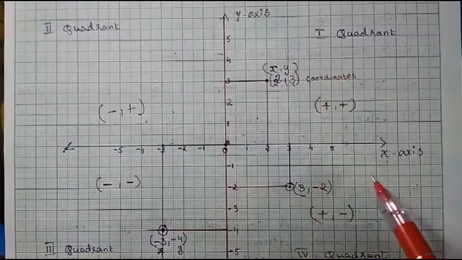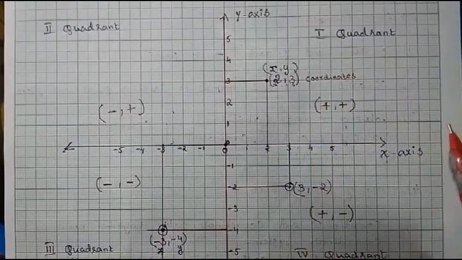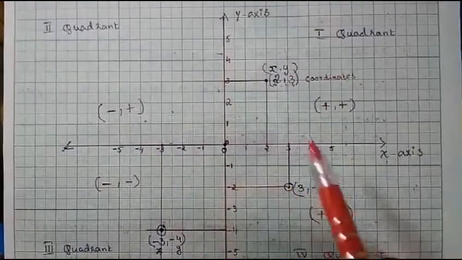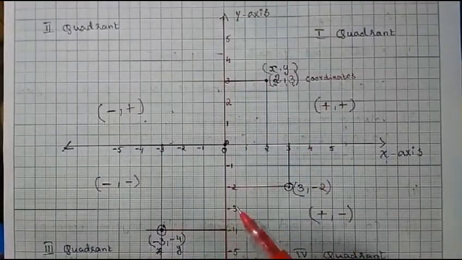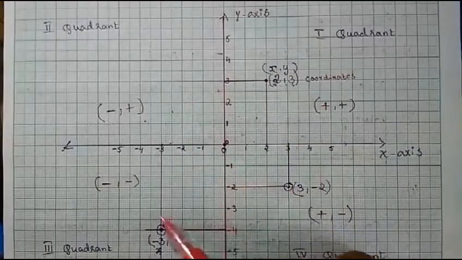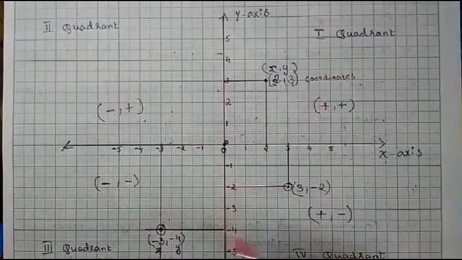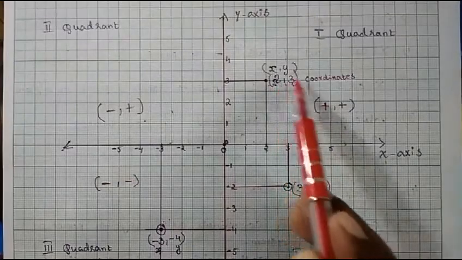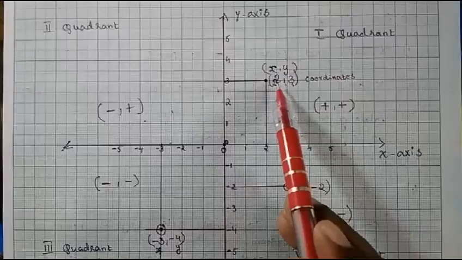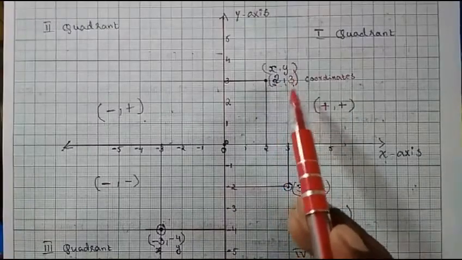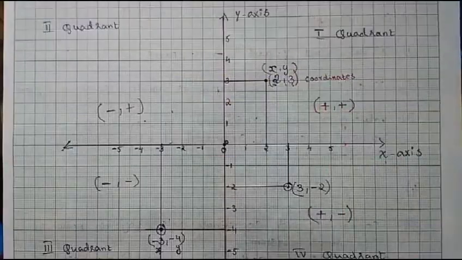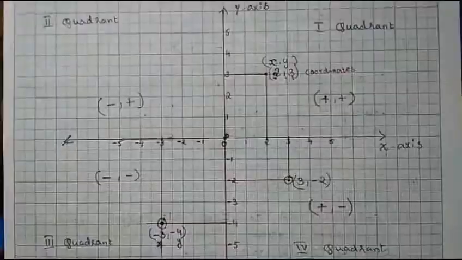The x-axis and y-axis we call the coordinate axes, and we also studied the sign of each quadrant. The x-axis and the y-axis on a plane divide the plane into 4 parts: first quadrant, second quadrant, third quadrant and fourth quadrant. And we also studied that the value of x and value of y have another name, that is abscissa and ordinate. So these are the things we have studied.